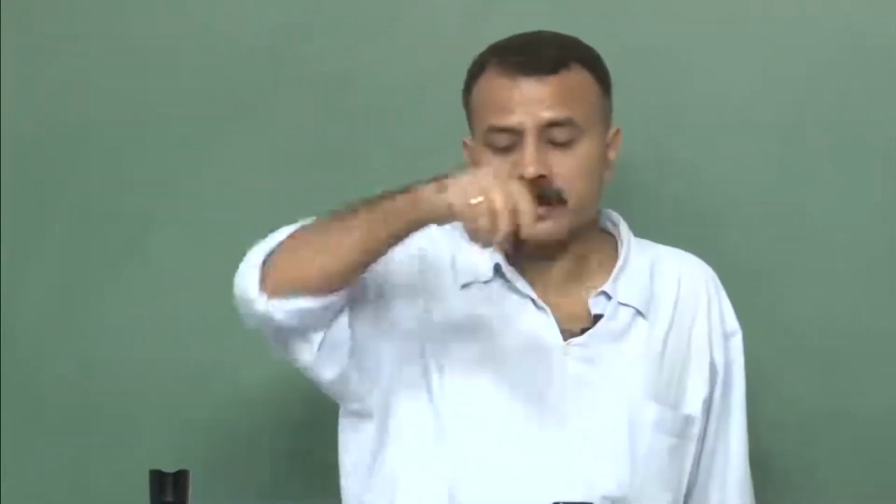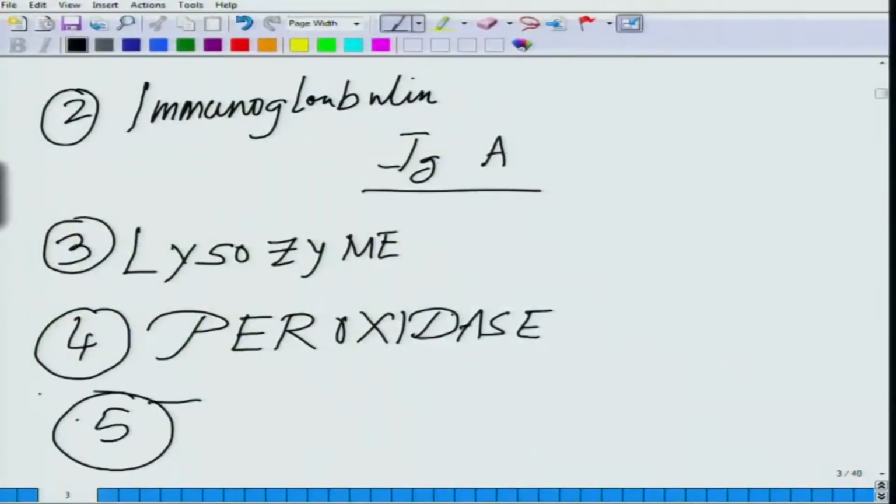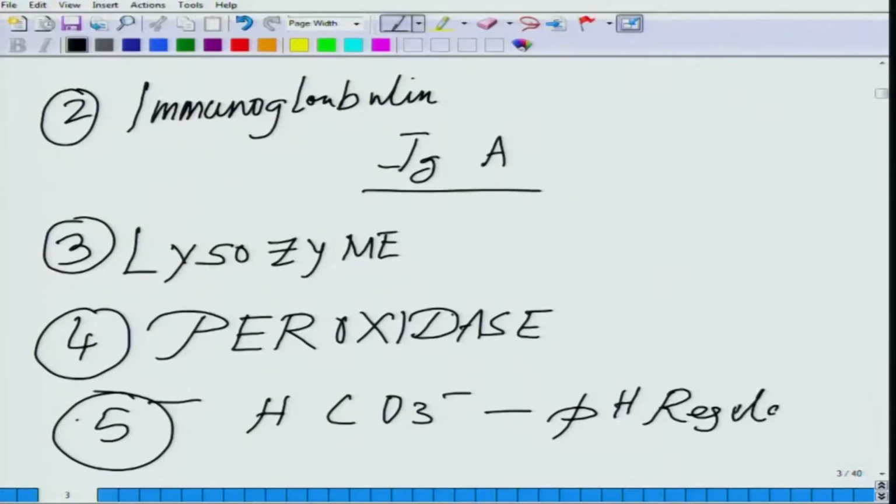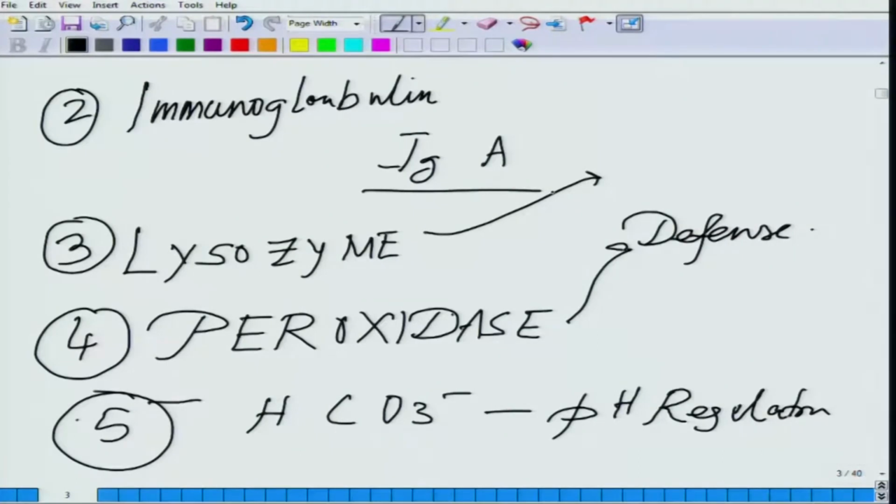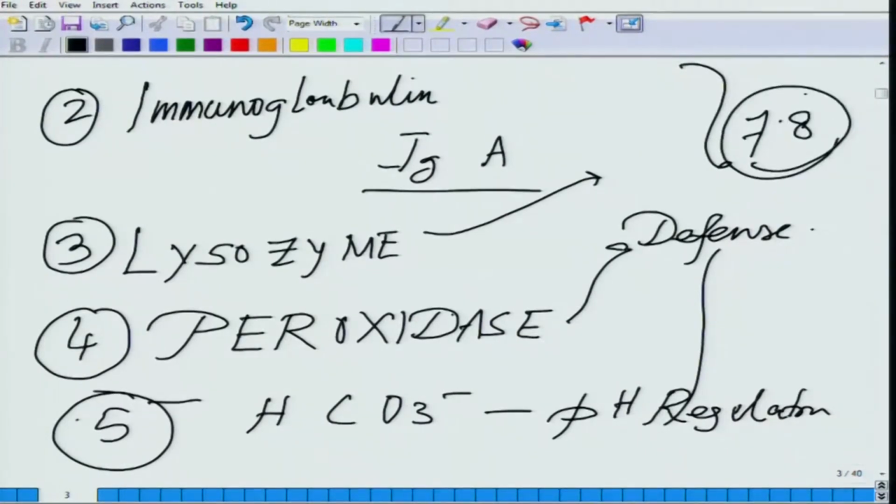Apart from peroxidase, we have a very high concentration of HCO3 minus, which is involved in pH regulation, the major role, while peroxidase is in the defense mechanism. Along with lysozyme, these are the major components, and the pH of this whole thing is approximately 7.8. Generally the pH of saliva is 7 to 8.